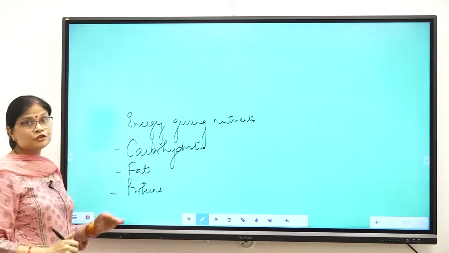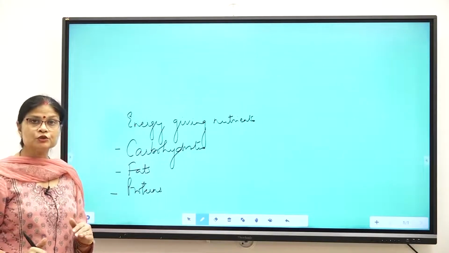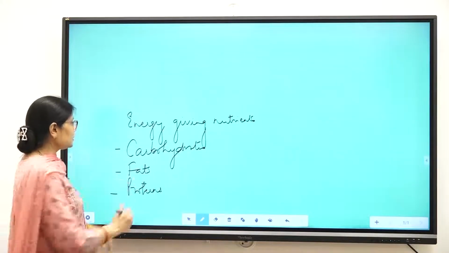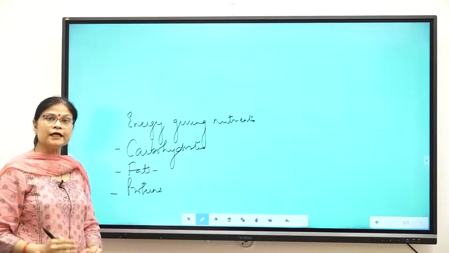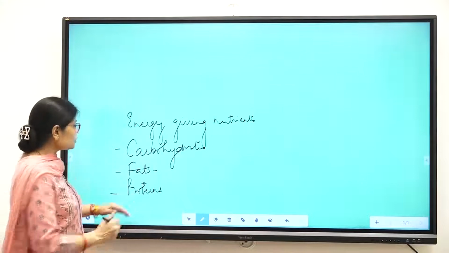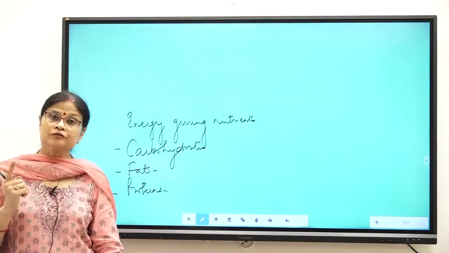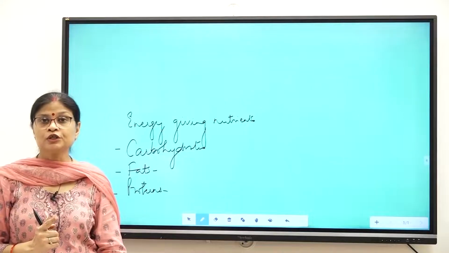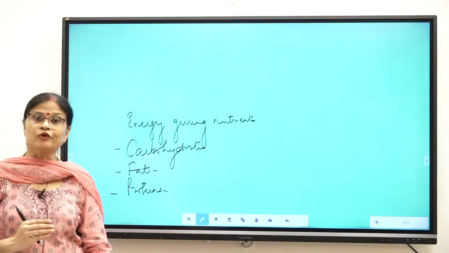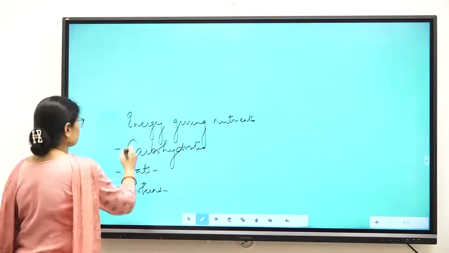The main function of carbohydrate is to provide energy to our body. Fats are the concentrated source of energy and their main function is to provide energy to our body. Proteins also give energy to our body, but it is not the main function of protein to give energy. It is for the growth and repair of the tissues.